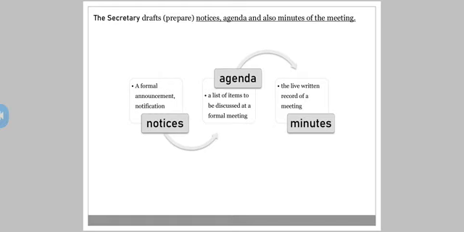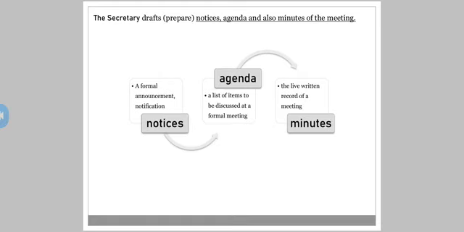When you are supposed to conduct a meeting, at what place, what time, which day, everything will be there in the notice. So notice is nothing but a formal announcement or a notification which a secretary gives in writing.